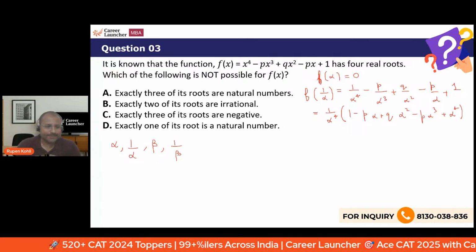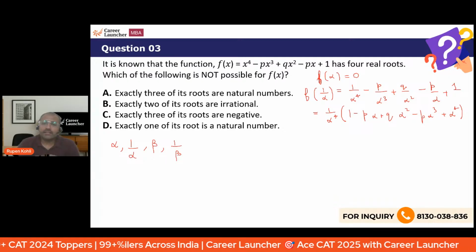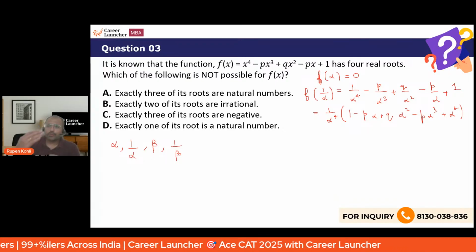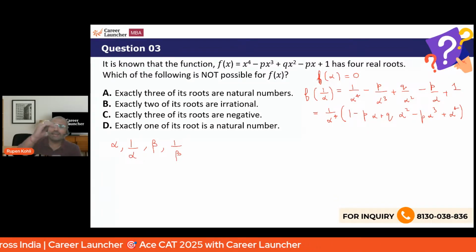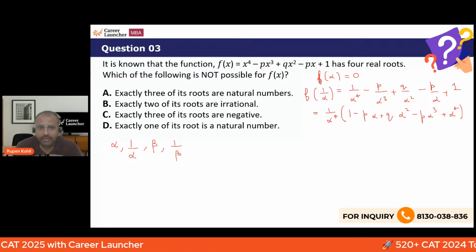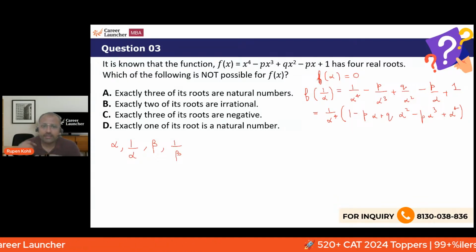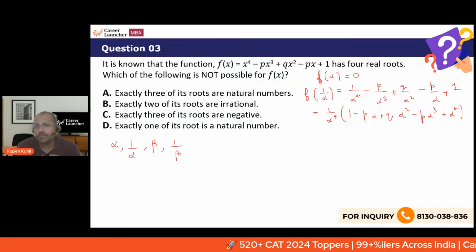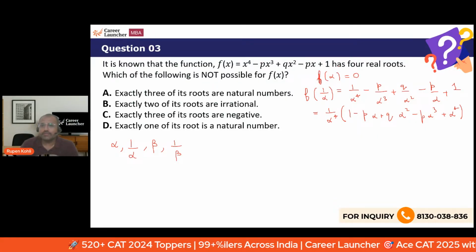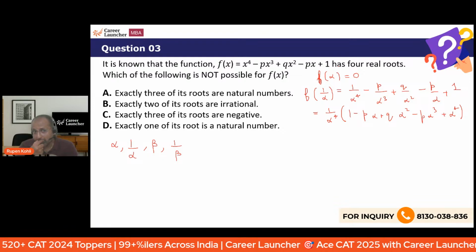So that tells us that we have 4 roots of this form. They are reciprocals of each other. There are 2 such pairs of roots. With this understanding, now let's analyze the given options. You had to deduce this, only then can we move further with the question.